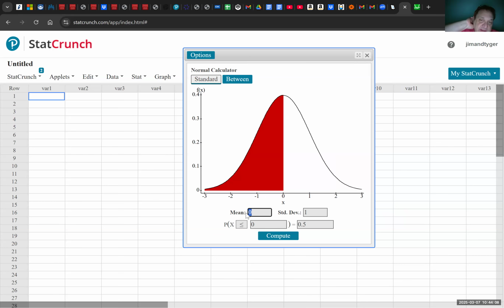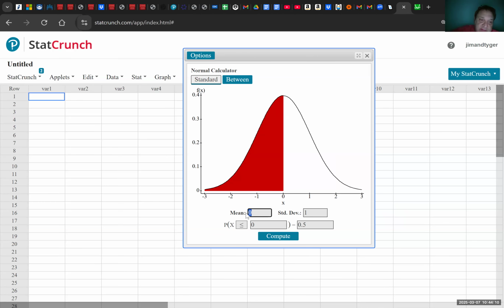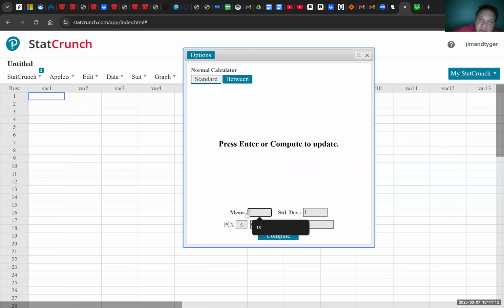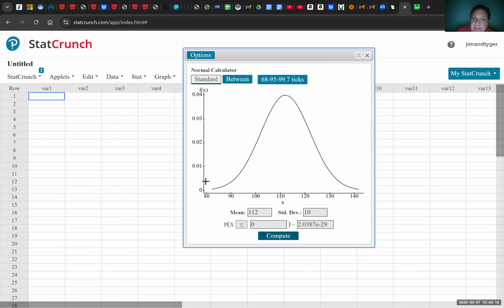And the standard deviation was supposedly 10. And I'll do a compute, and there's the graph with the middle at 112 and tapering off. It looks like the graph I provided in the worksheet.